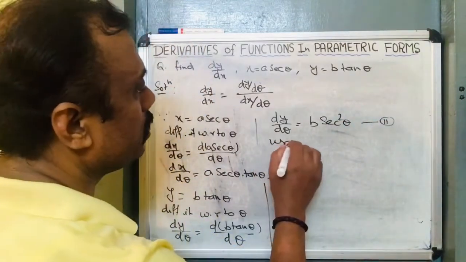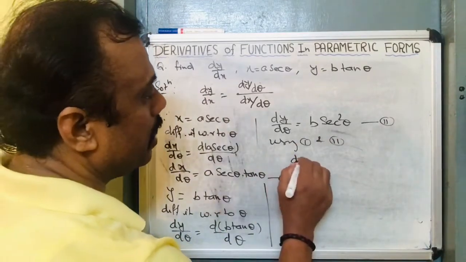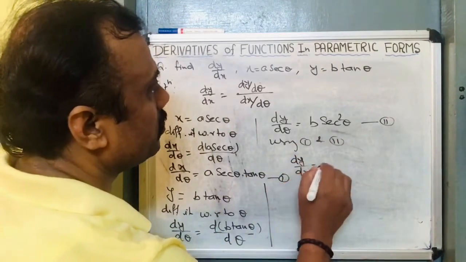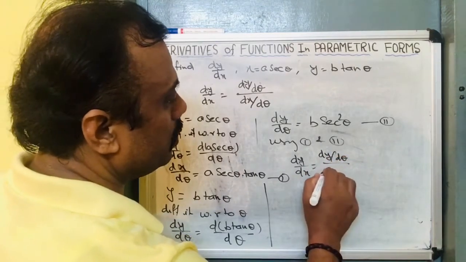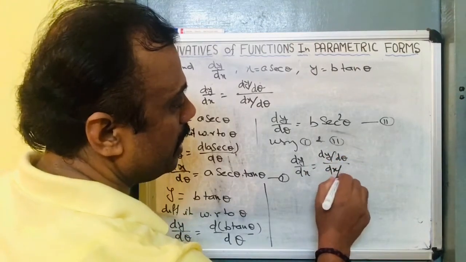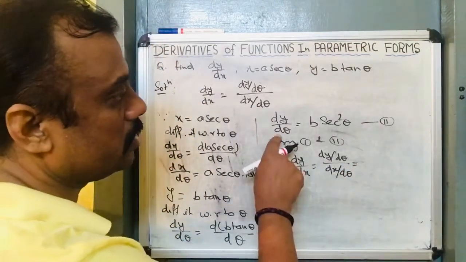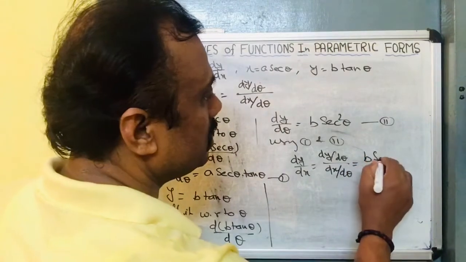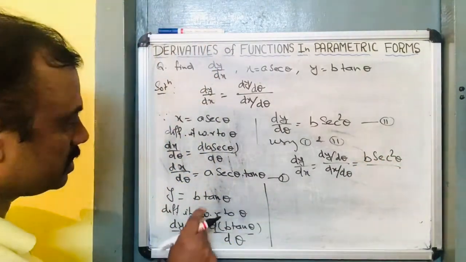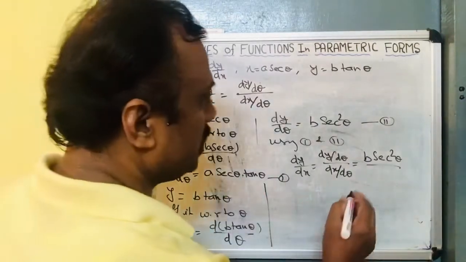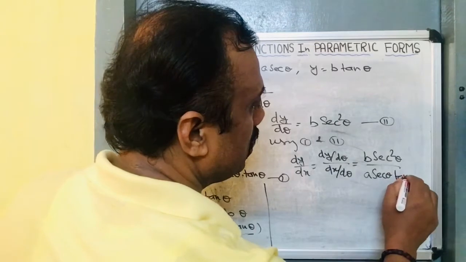Now using 1 and 2, we can have dy/dx equals (dy/d theta) upon (dx/d theta). So dy/d theta is b sec square theta and dx/d theta is a sec theta tan theta.